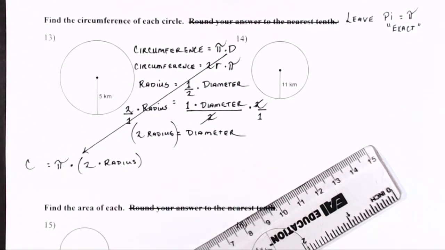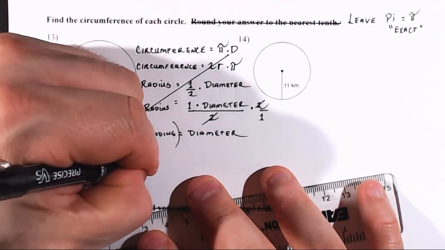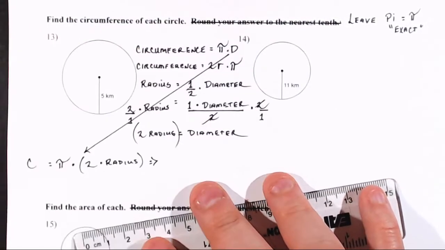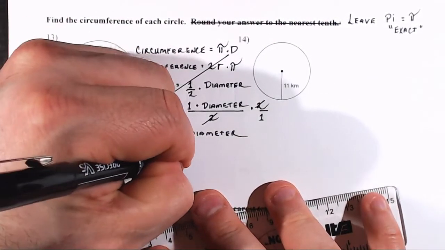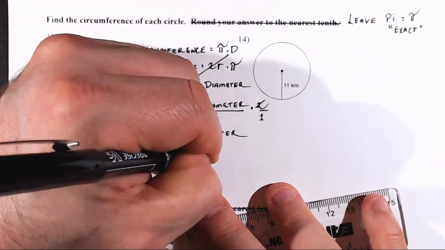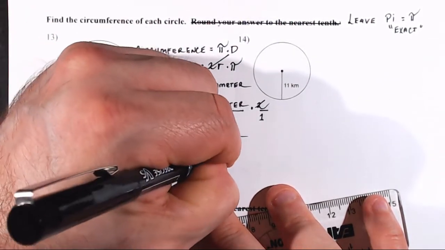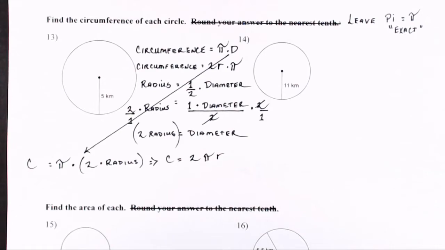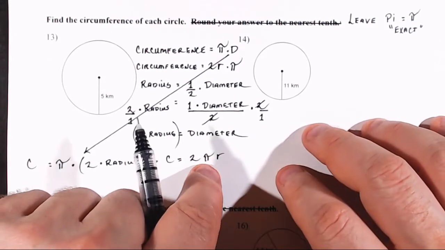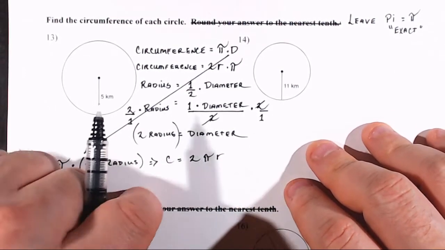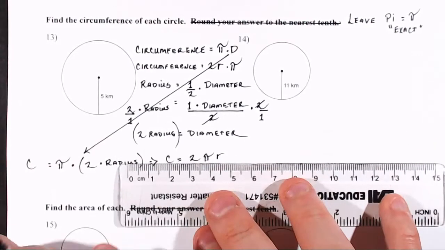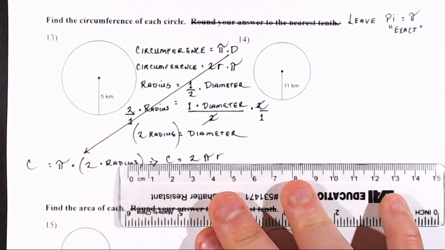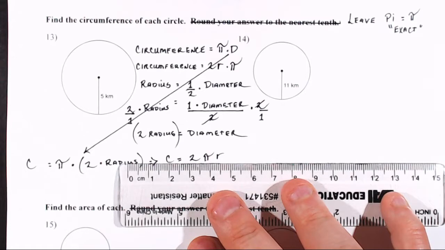Now again, many of you already knew that the circumference of a circle is equal to 2 times pi times r. We could write this as 2 times r times pi, or r times 2 times pi, but most commonly this formula is written 2 pi r, and you've probably memorized it that way.